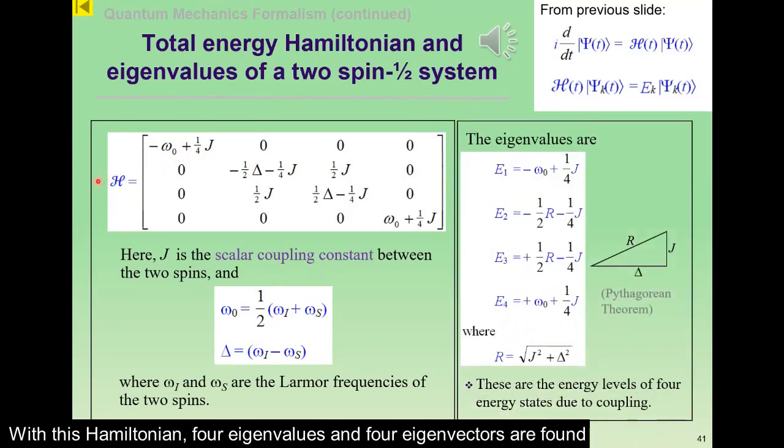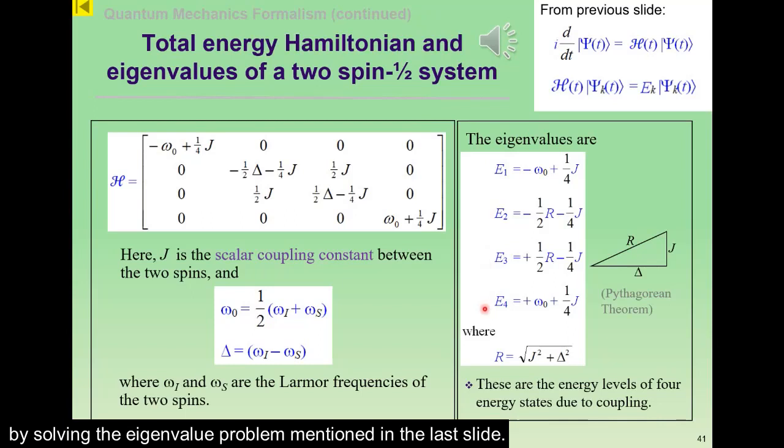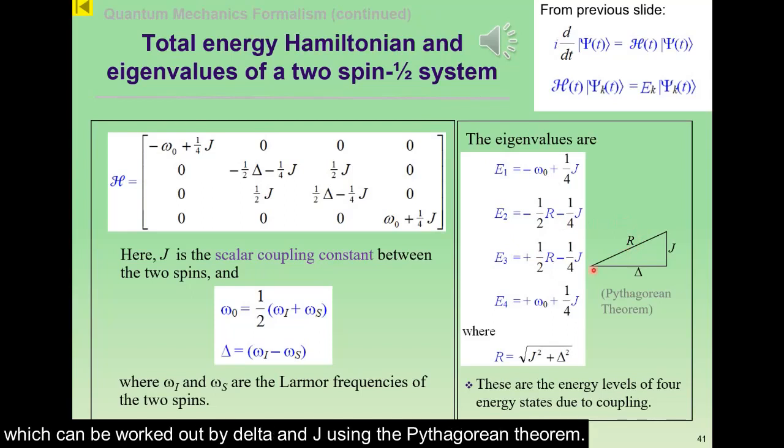With this Hamiltonian, 4 eigenvalues and 4 eigenvectors are found by solving the eigenvalue problem mentioned in the last slide. Have a look at what the values of the E's are, where the R is the hypotenuse of a right triangle, as shown on the right, which can be worked out by delta and J using Pythagorean theorem.